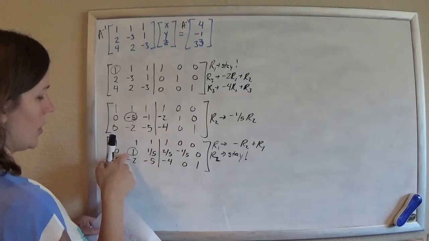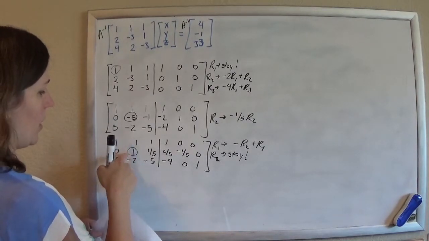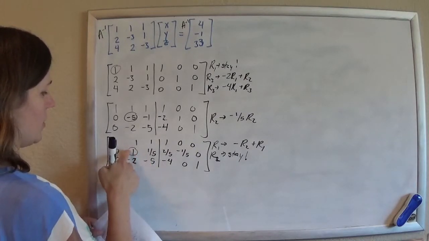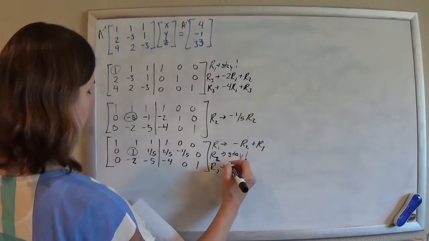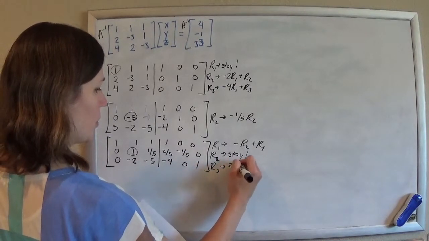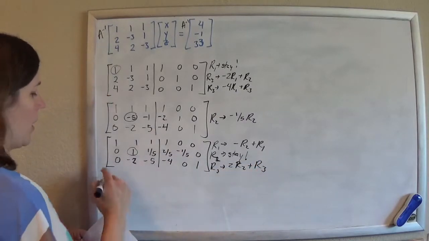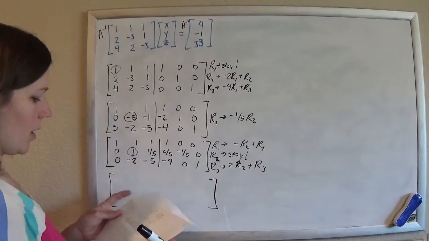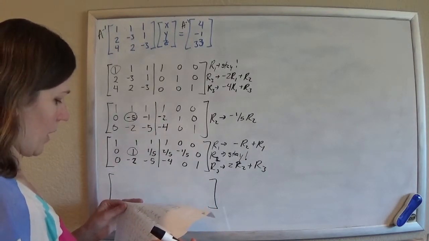So negative 2 plus that will give me a 0 there, and 2 times that plus that will give me a 0 there. So R3 is going to become 2 times row 2 plus R3. And when you do this, you do have to wade through quite a bit of fractions.